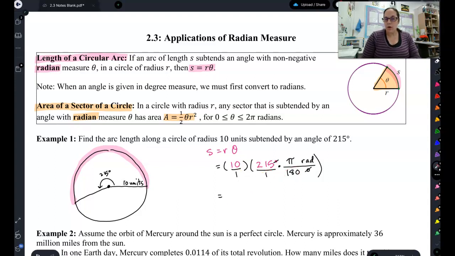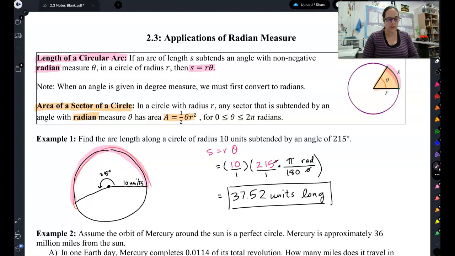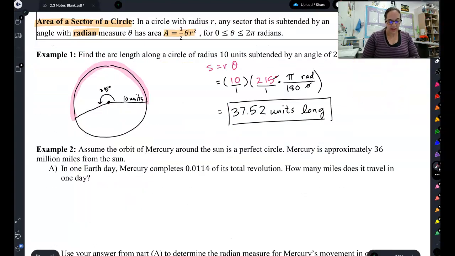And you just type all that into your calculator, and you should end up getting 37.52 units long. So that's how long my pizza crust is around this portion of the circle that is this big. So that's a little bit of practice with our arc length.